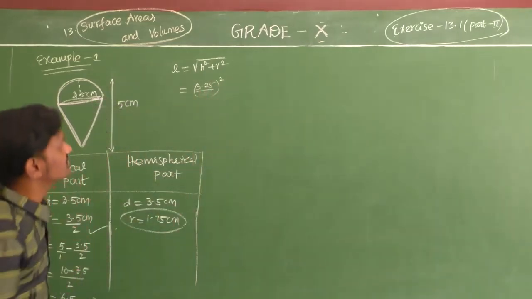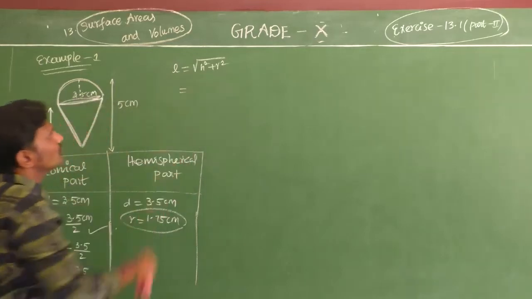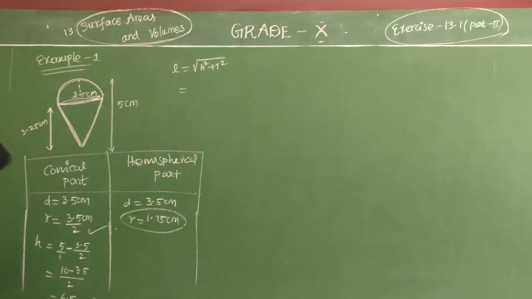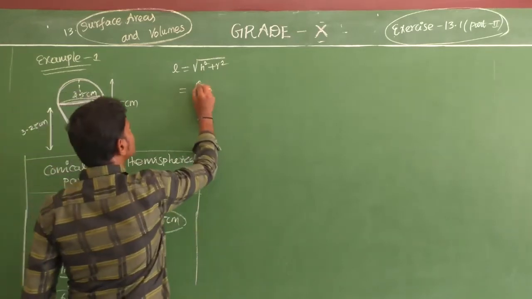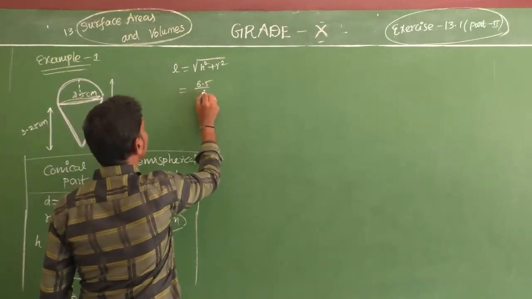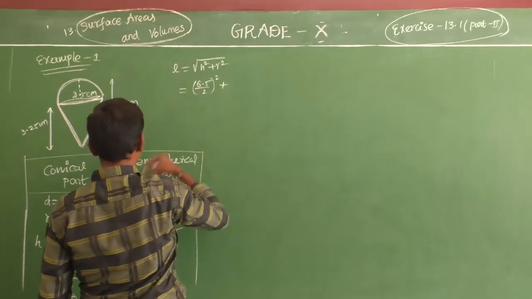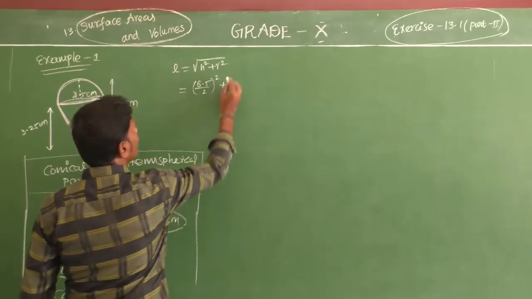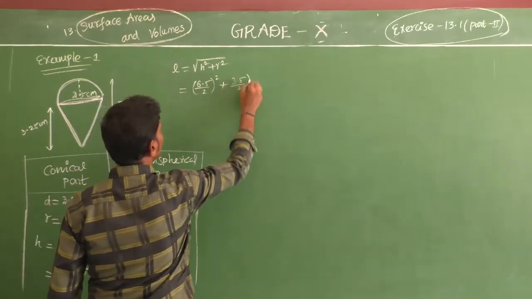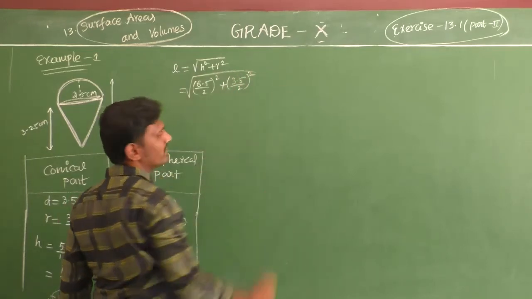Always see, students, for height and radius I am taking the fractional format. It is easy to do. That is 6.5 by 2 the whole squared plus the radius, 3.5 by 2 the whole squared. Take the format like that.